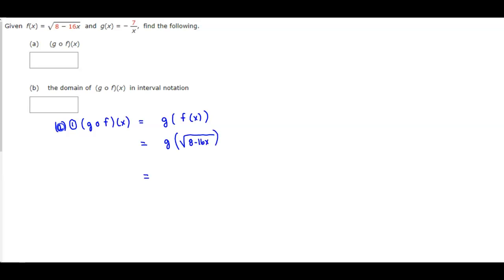And now that's going to become the input on our function g. So what we're going to replace for x in our function is going to be the square root of 8 minus 16x. So our answer is going to be negative 7 over the square root of 8 minus 16x.